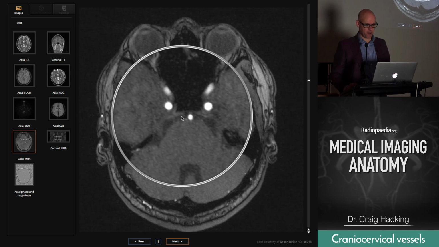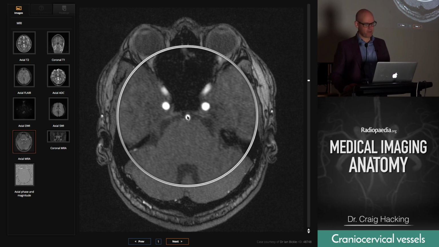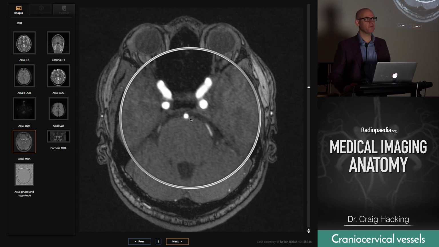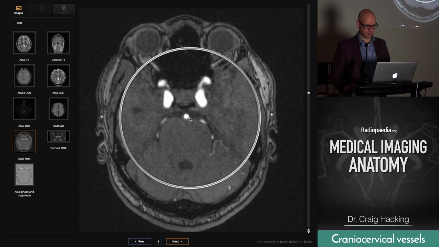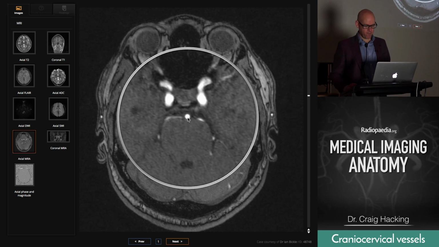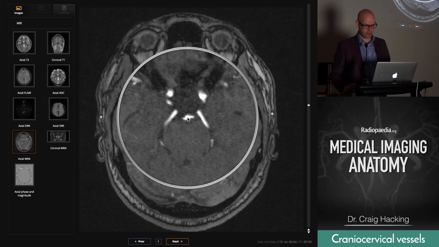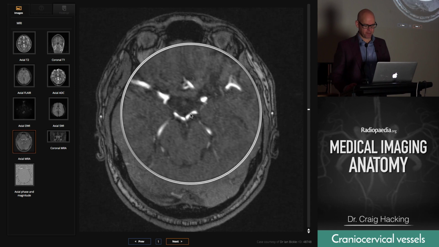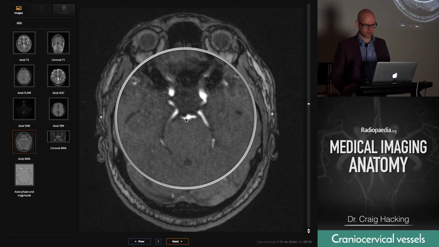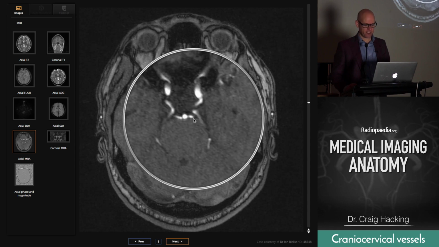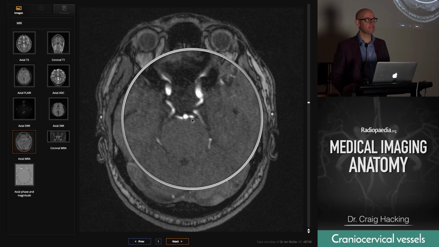We continue up. There's a whole bunch of little tiny pontine and labyrinthine arteries, but we don't see them. They're too small to be defined on MRA. And then we come up to almost the top. There's the bifurcation right there into both PCAs, but just before the bifurcation, we have bilateral branches as well, and these are the superior cerebellar arteries.